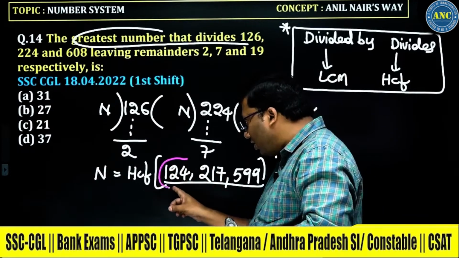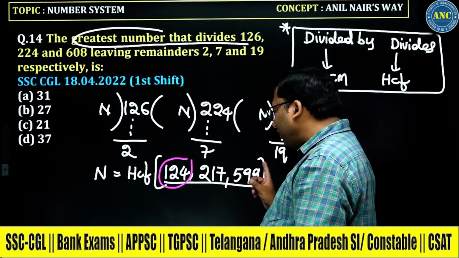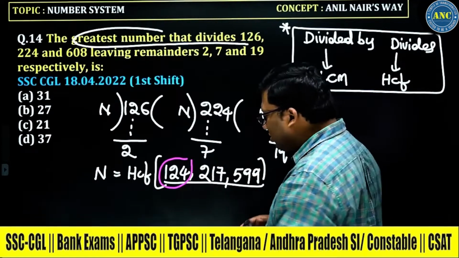The smallest number is 124. 124 should be a factor of every number. 124 twos are 248. No, it is not.